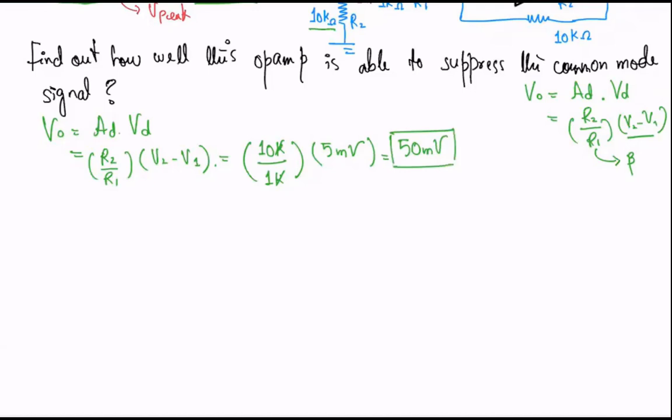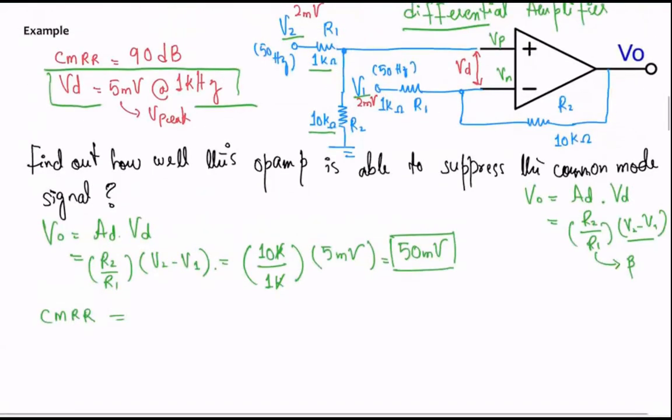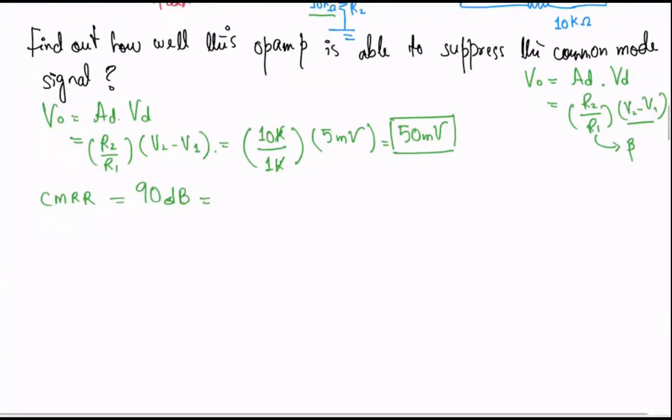Now, how do you calculate CMRR? What is the equation for that? Well, our CMRR, which is also given in this question, is equivalent to 90 decibel. I can also write it as 20 log base 10 of AD over ACM, correct?